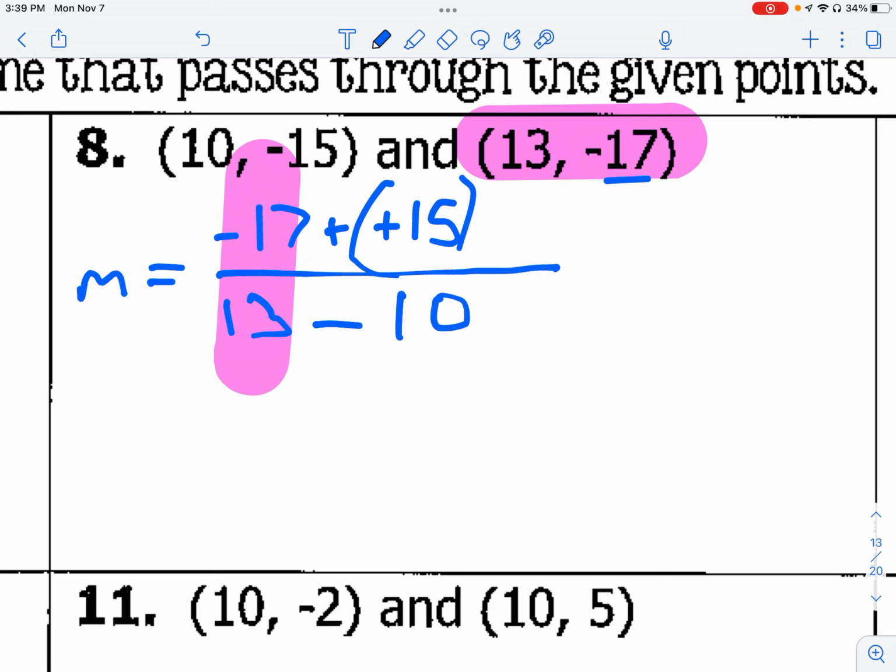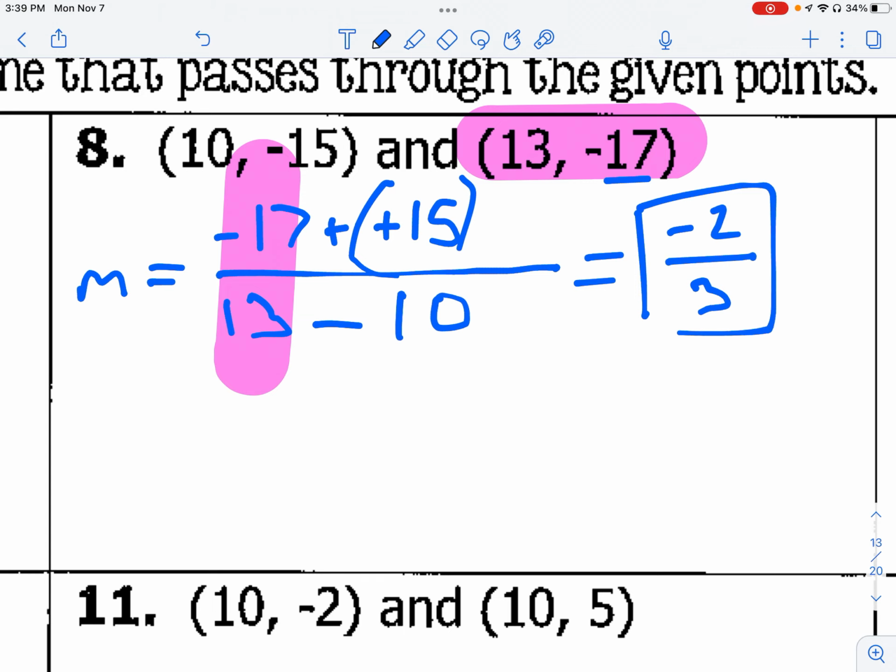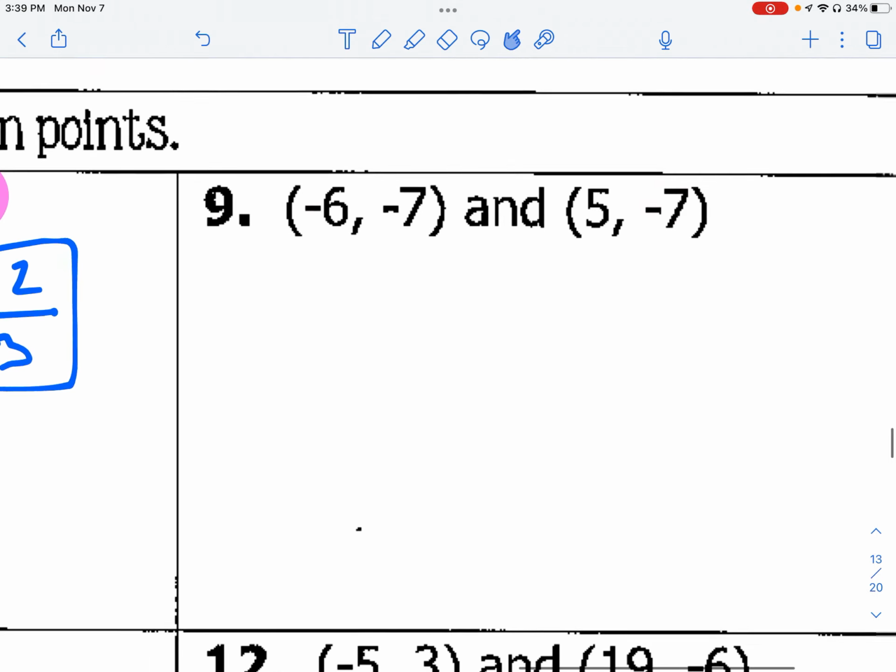So -17 plus 15 is -2. 13 minus 10 is 3. Does not reduce. m is -2/3.